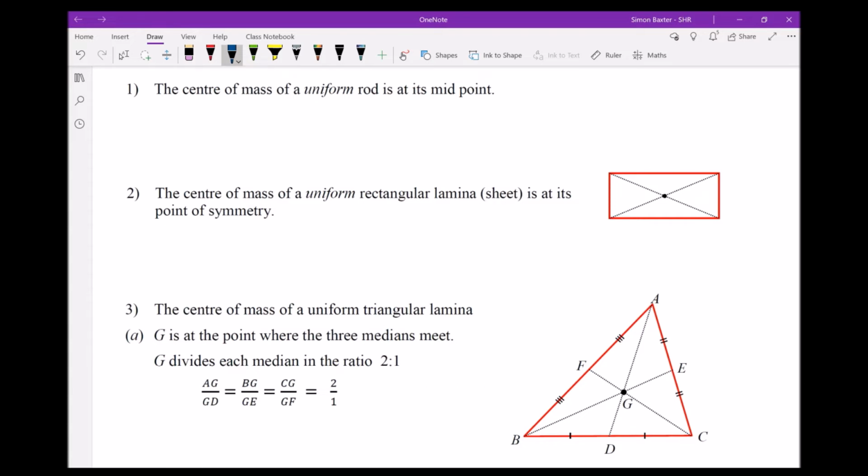If you have a uniform triangular lamina, then the center of mass G is where the three medians meet. And it is always at a point on each median which divides the median in the ratio 1 to 2. So G is 1/3 of the way along the median.